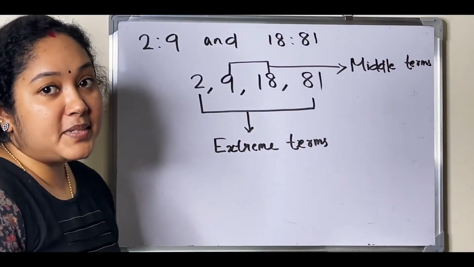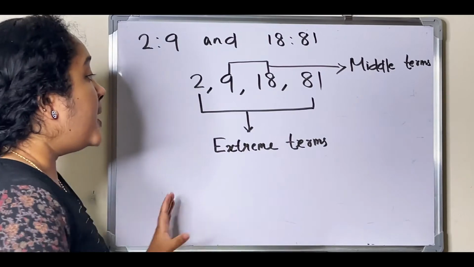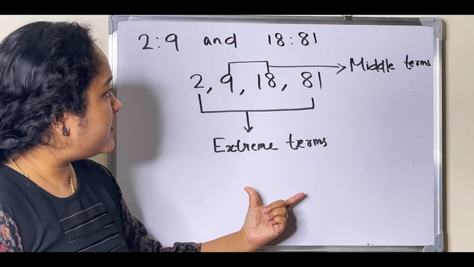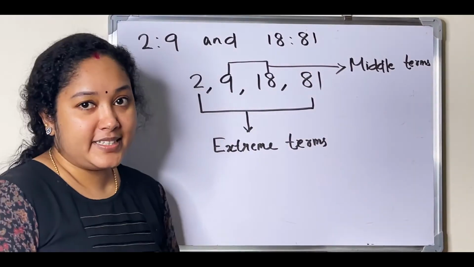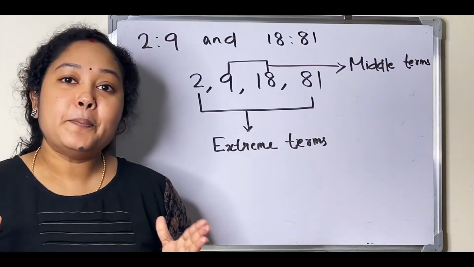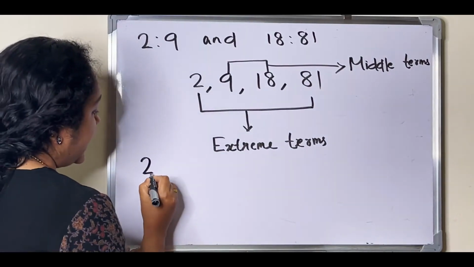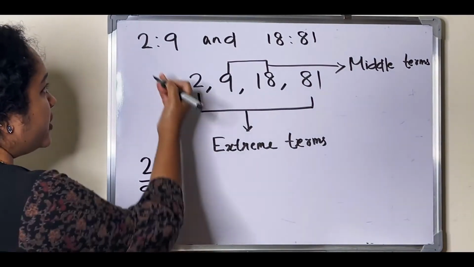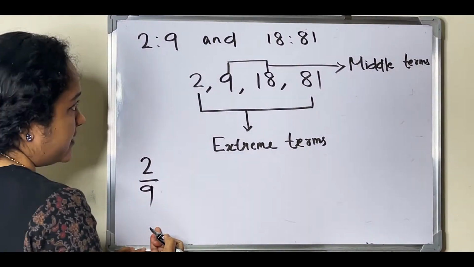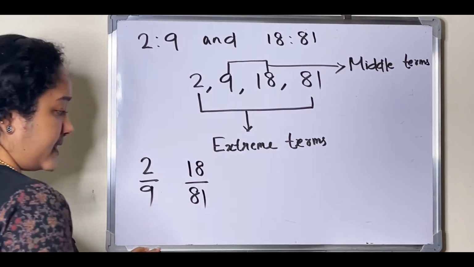And the second method to check the ratios are in proportion is to multiply the extreme terms and multiply the middle terms. If the answer is equal, the ratios are in proportion. Or cross multiply the terms. 2 by 9 is the first ratio, 18 by 81 is the second ratio.